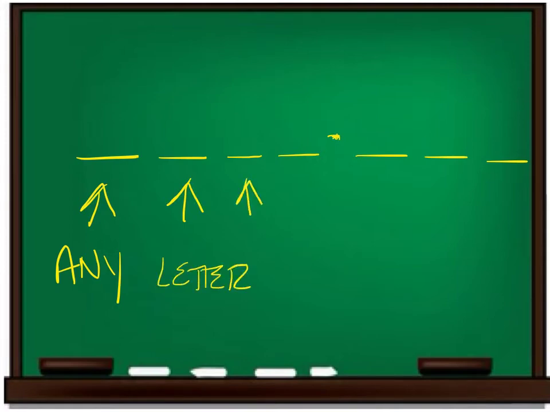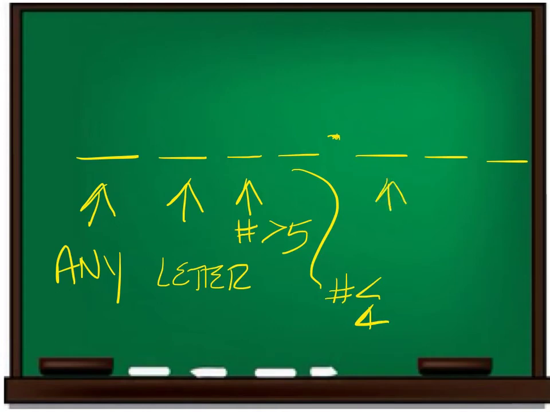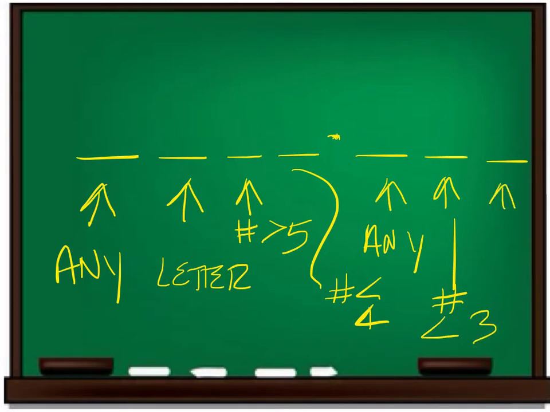This must be a number greater than 5. This must be a number less than 4. This can be anything. This is a number less than 3. And this is a number greater than 6. With all of those characteristics, you have to figure out how many different license plates could be made using those parameters.